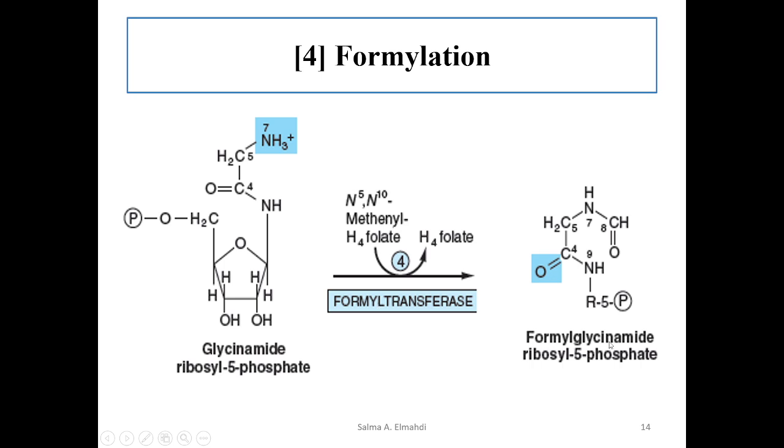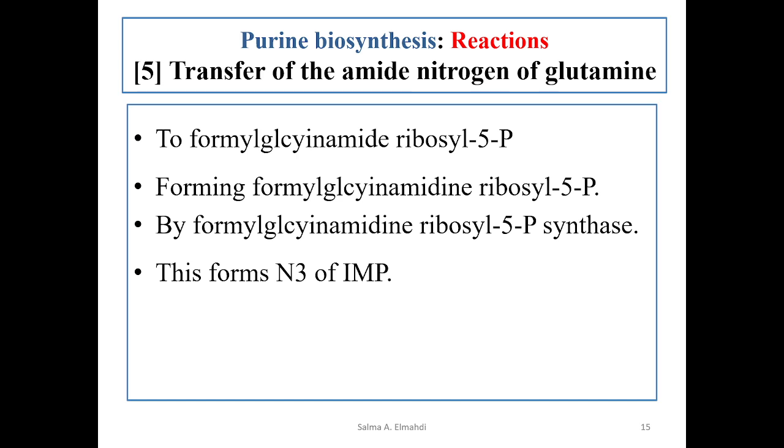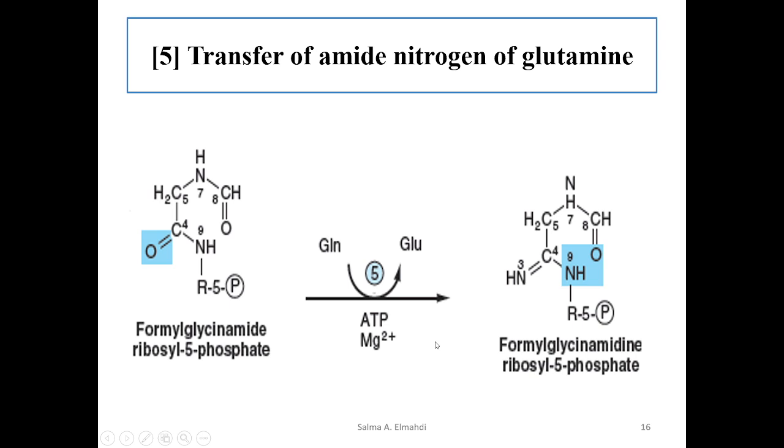We have formylglycinamide ribosyl 5-phosphate. And then we have a transfer of an amide nitrogen from the second glutamine. So for each purine molecule, we need 2 glutamine amino acids. Each one of them will donate its amide nitrogen.